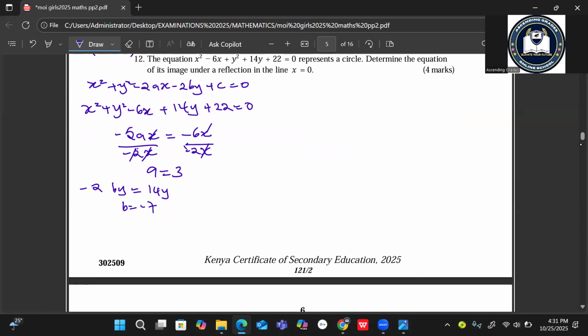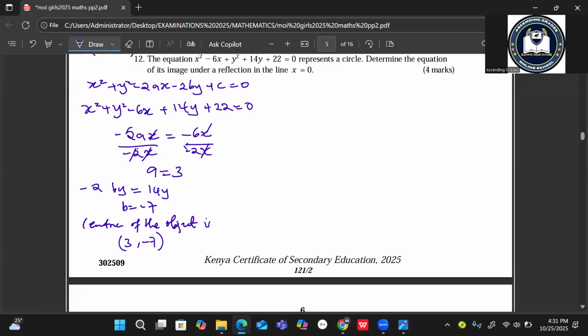Now we can have the center of the object as 3, -7. So that is the center.